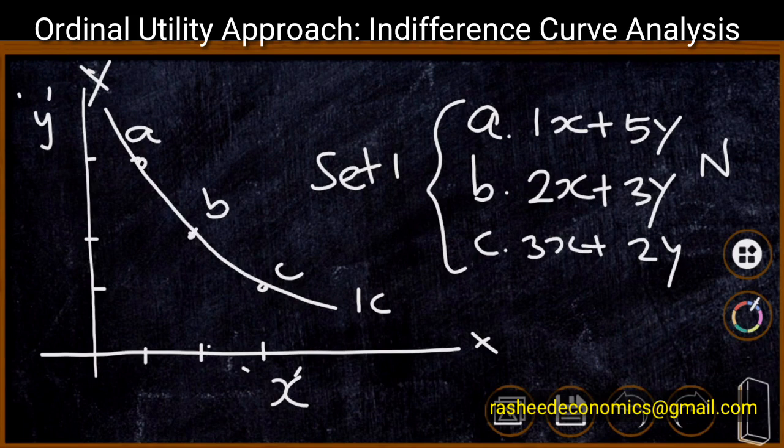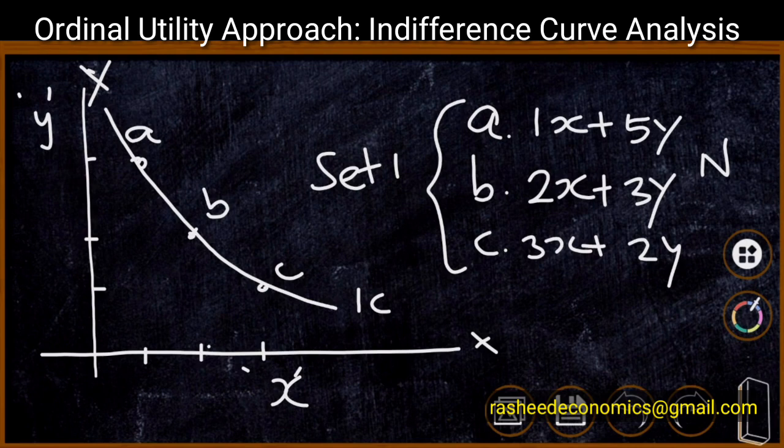That means there is no difference between A, B and C with regard to consumer's choice, because all these 3 combinations provides the consumer same level of satisfaction. Therefore, we can say that consumer will be indifferent in between different points on a same indifference curve.